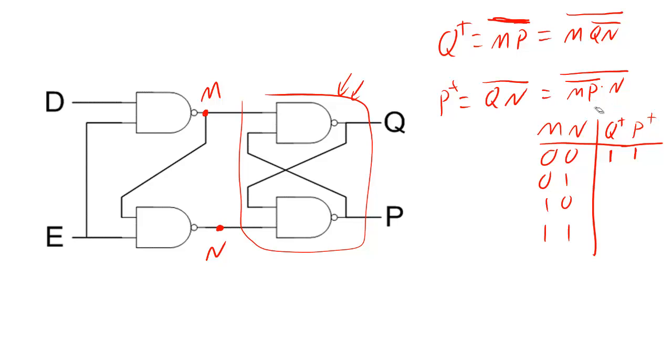Now, the next behavior is M is 0, so as we just discovered before, that's going to make Q plus 1, because 0 and anything is 0, and then NOTted becomes 1. And then we've got N is equal to 1, so now we need to figure out what's going on inside of here. We'll see that we've got M is 0, ANDed with P, 0 ANDed with P is 0, so this whole thing is 0. And then that becomes a 1 because we NAND it, so 1 and 1 is 1, NOT that, it becomes a 0.